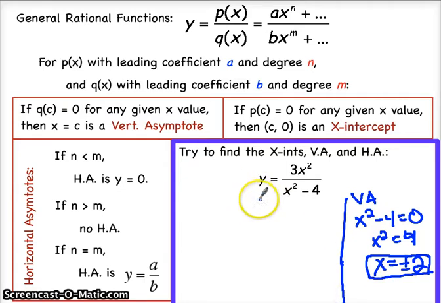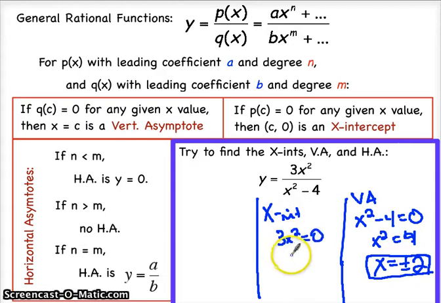Again, another easy comparison, if a vertical asymptote makes the bottom of a fraction into 0, is how to find an x-intercept, whatever makes the top of a fraction 0. So if we take our 3x squared and set it equal to 0, and do some quick solving, divide by 3, and then take the square root, plus or minus 0, remember it's just 0, you just found your x-intercept.